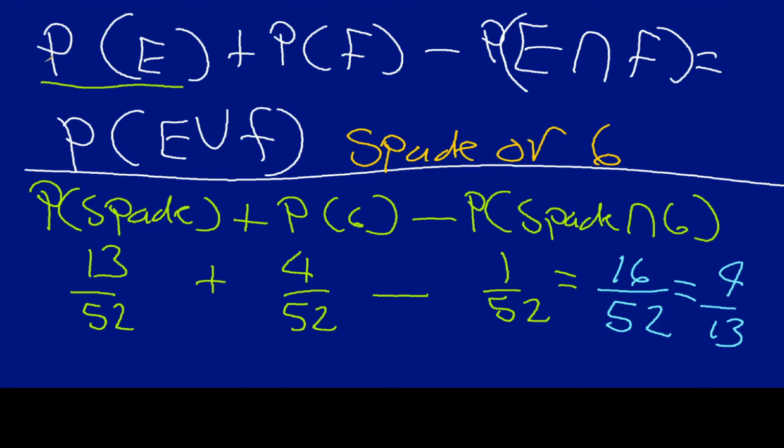From there, I introduced you to the actual formula for finding the probability of a union of two events right here at the top of the screen. And then we did one more example, the probability of getting a spade or a six in a standard deck of 52 cards. By using the formula you can see here at the top, we were able to calculate the answer. I hope that this video was useful for you and you were able to understand what we were talking about.